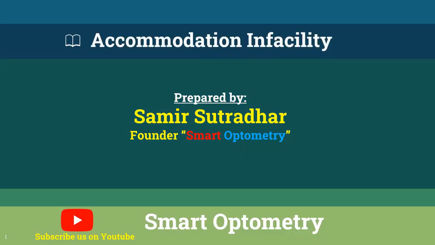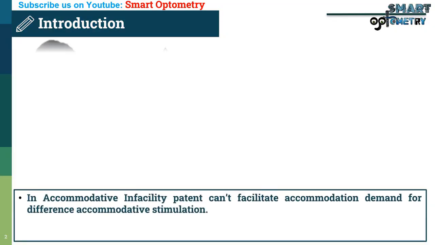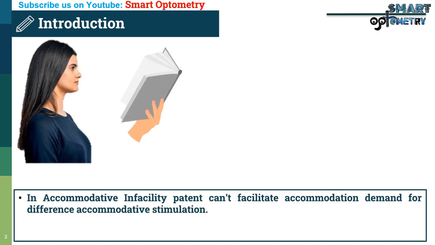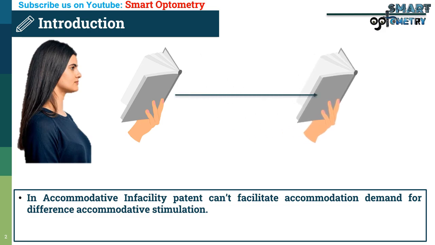Accommodative infacility. In accommodative infacility, the patient can't meet the accommodation demand for different accommodative stimulation. The patient experiences difficulty changing the accommodative response level, like changing accommodation from near to distance or from distance to near.